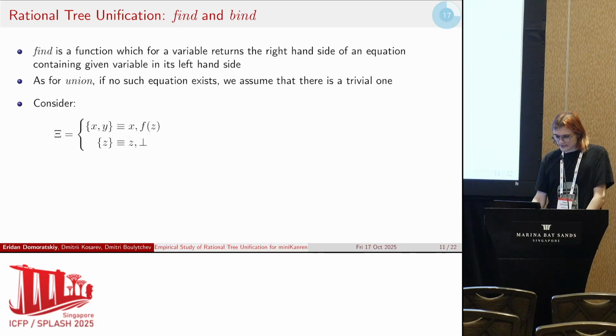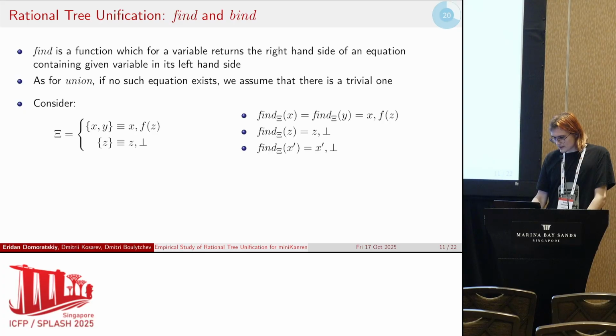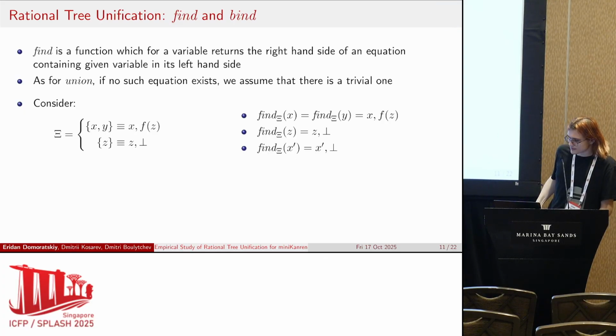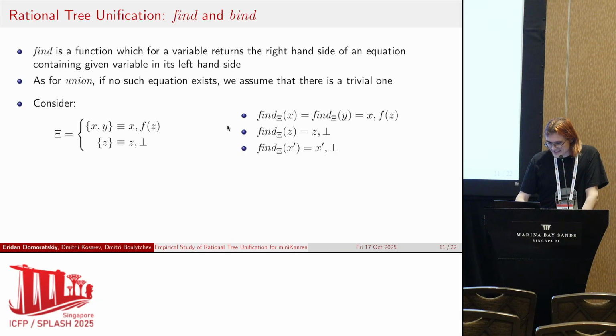So if we have one system of equations, we may get the first equation by variables x and y, and the second equation by z, and for something else, a non-existing equation, it will return a trivial one.